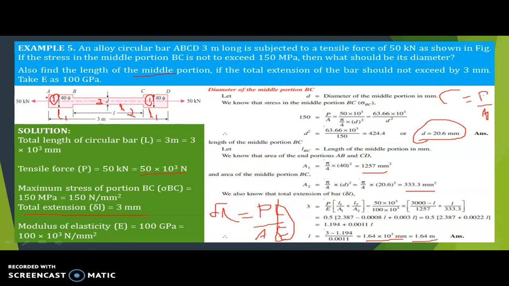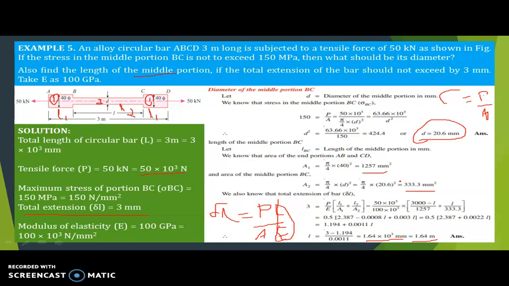Now let us consider AB and CD as section 1, and BC is the different cross section. The diameter of BC is less compared to AB and CD. So that is section 2. Find A1 and A2: you have D1 and D2, so you can calculate A1 and A2. Once it is done, use the deformation formula.